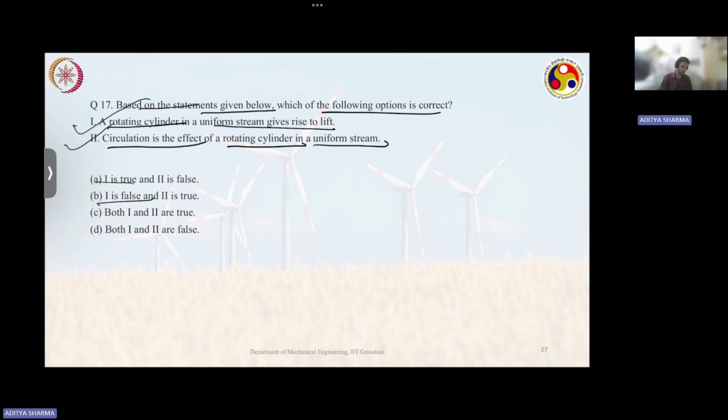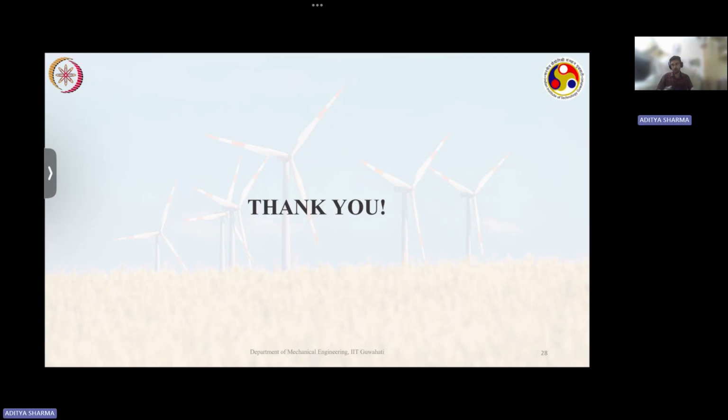One is false, second is false. No, both one and two are true. C option. So C option is the correct option. This was question number 17. And so we are done with today's session. Now I'll conclude the session.